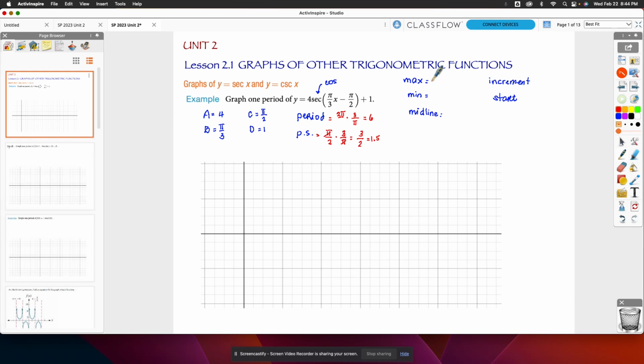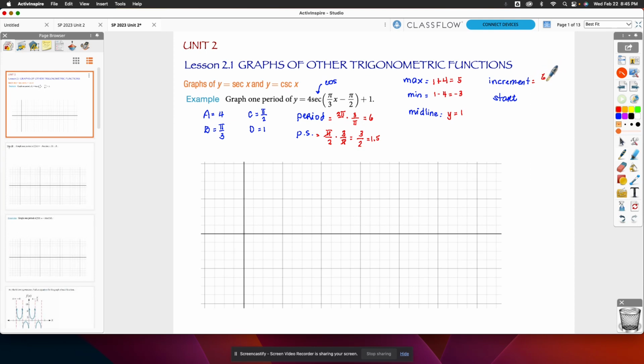The maximum is d plus a. D is 1, and a is 4. So your maximum is 5. The minimum is d minus a. 1 minus 4 is equal to negative 3. Our midline is y equals d, which is 1. To get the increment, we have the period divided by 4.